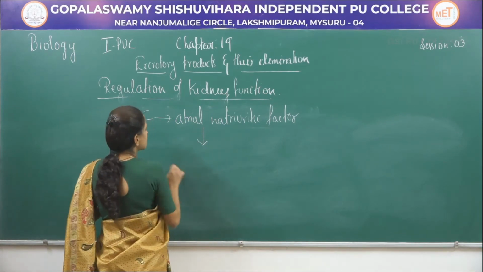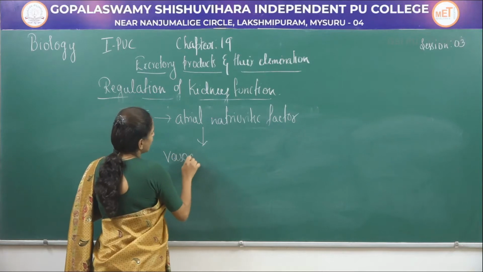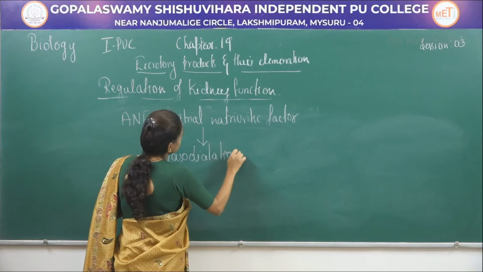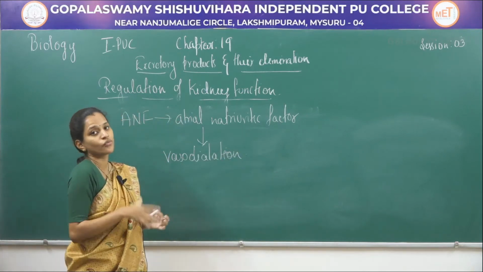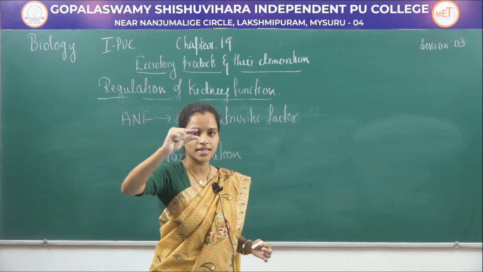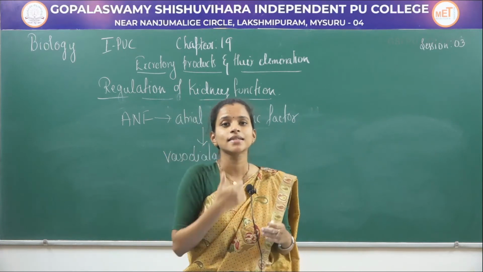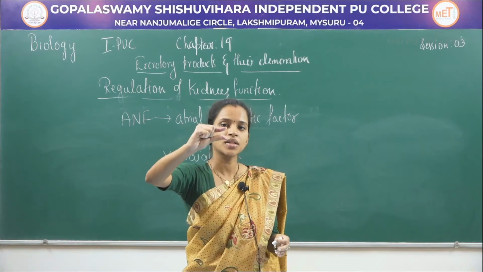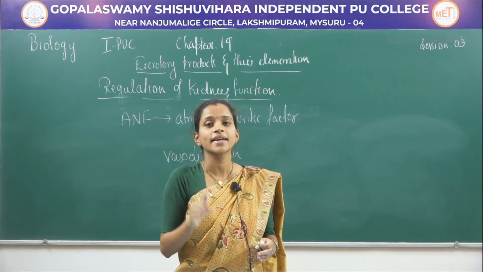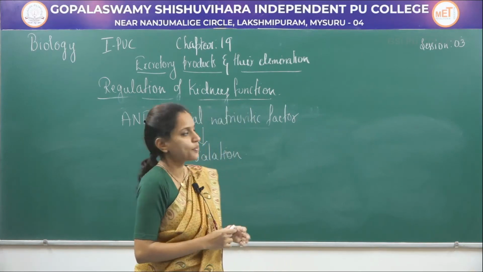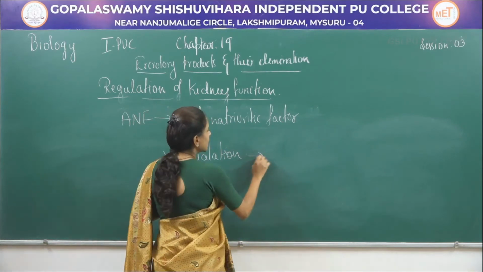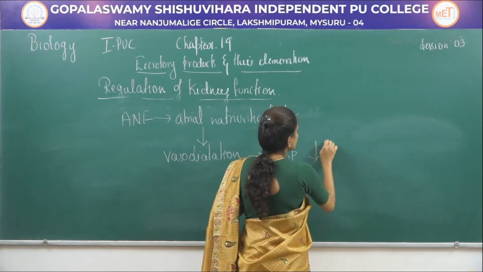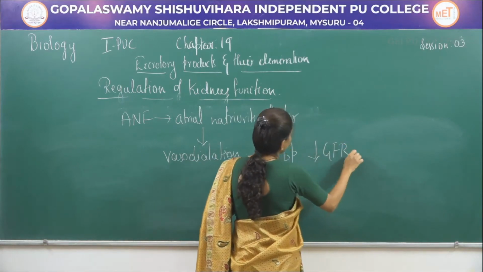This helps in vasodilation, that is the opposite of vasoconstriction, where the blood vessel size is reduced and blood pressure increases. Whenever there is vasodilation, the blood vessel increases its size and automatically there is a drop in the blood pressure. So vasodilation leads to reduction in the blood pressure as well as reduction in the glomerular filtrate rate.